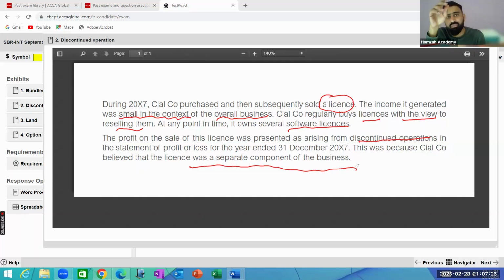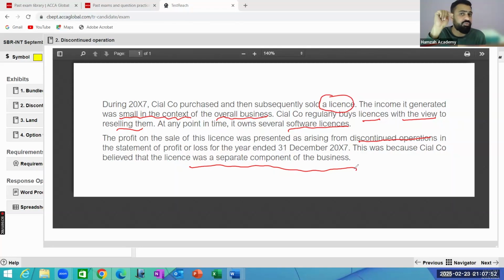And number three, it is a license. A license is not a business. So you can't say that the license is a subsidiary which you have acquired with the view of resale. Are you getting it? A license is not a subsidiary. The third thing is that the component should be a subsidiary acquired with the view of resale.